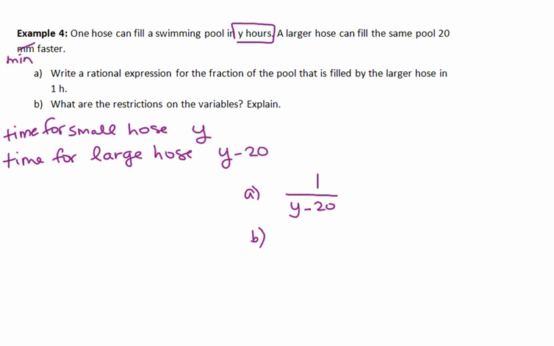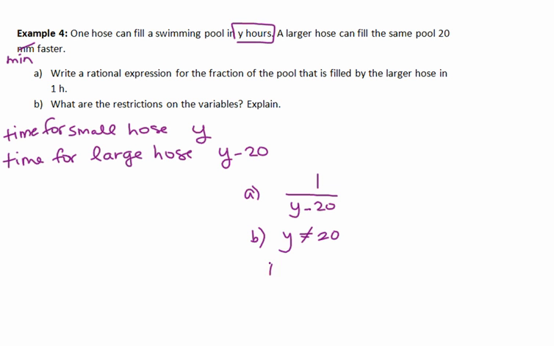Y can't be 20. And why can't it be 20? Let's explain. Who is y? The large or the small? The small. If we know this is 20 less, so if it took 20 minutes for the small hose, then the large hose would take no time at all, and that's not possible.